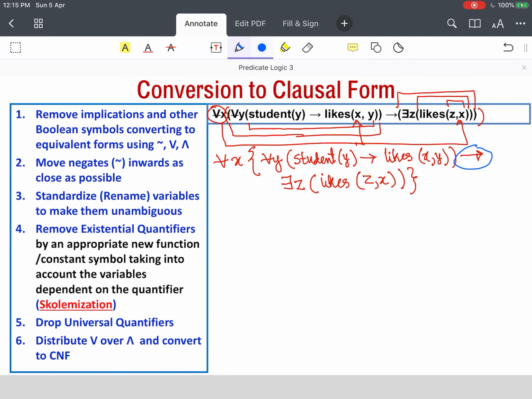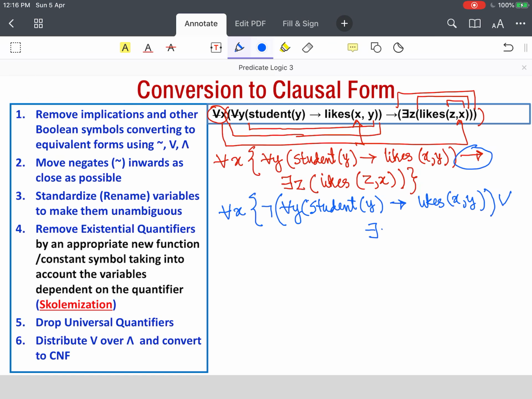So in order to convert it to clausal form, we first convert this to not A or B, which means that this gets converted to for all x, not for all y. This not for all is for this whole student y implies likes xy.